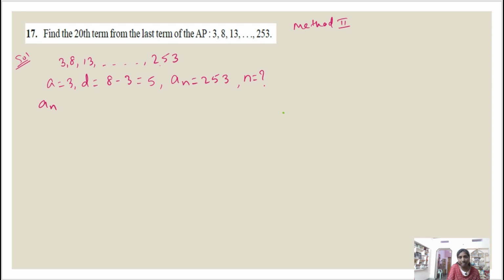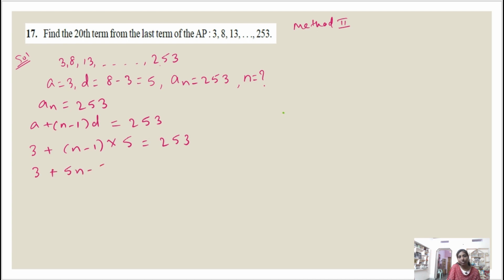So here an is 253. So an formula is what? A plus (n minus 1) into D is equal to 253. So here A is what? 3 plus (n minus 1), n we don't know, we have to find it. D is what? 5, is equal to 253. Now 3 plus 5n minus 5 is equal to 253.